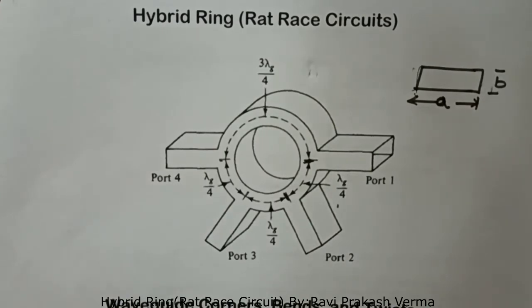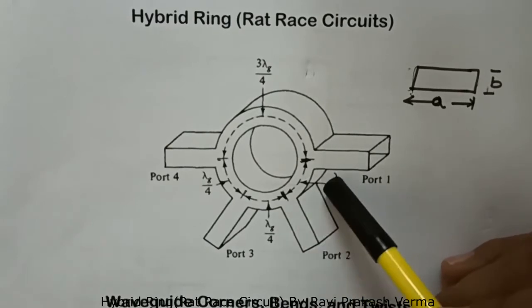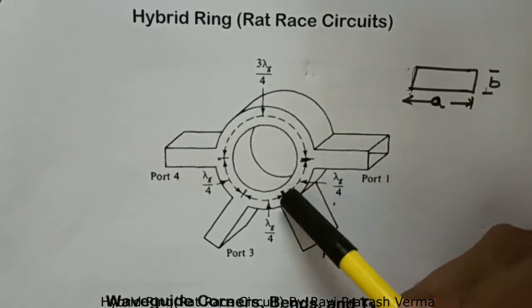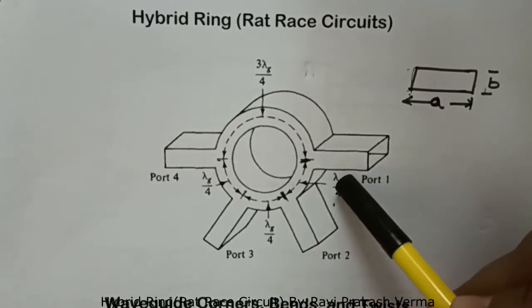So the rat race has an annular length of sufficient electrical length so that it can sustain standing waves. The angular length between these two junctions is lambda G by 4, where lambda G means guided wavelength.